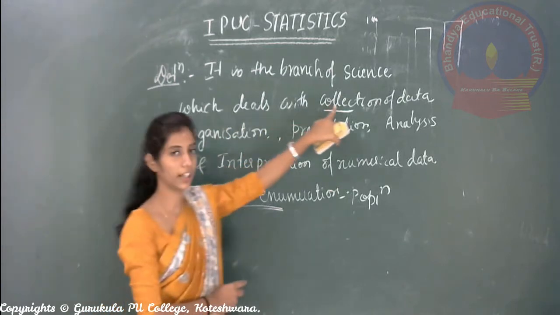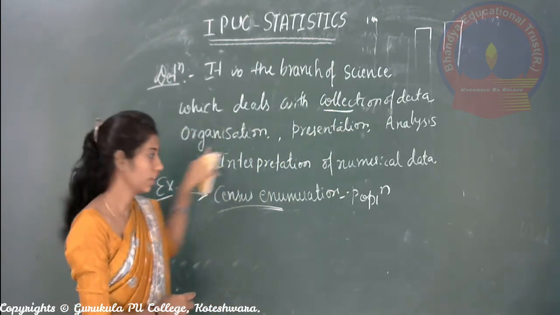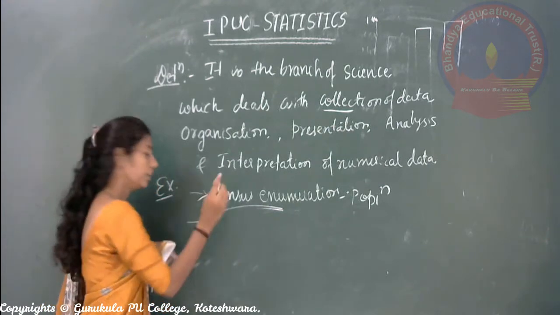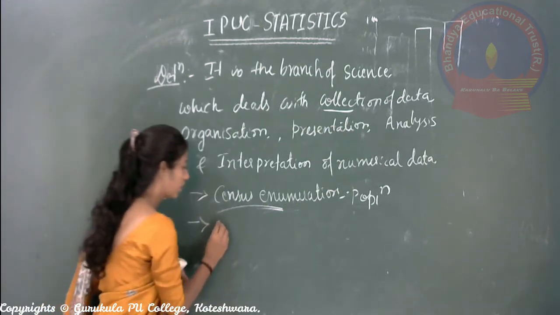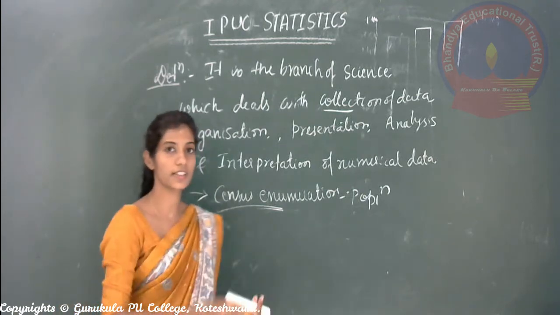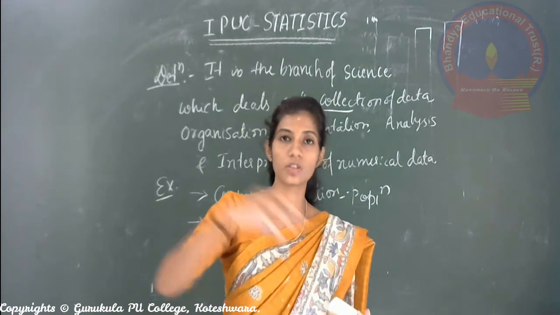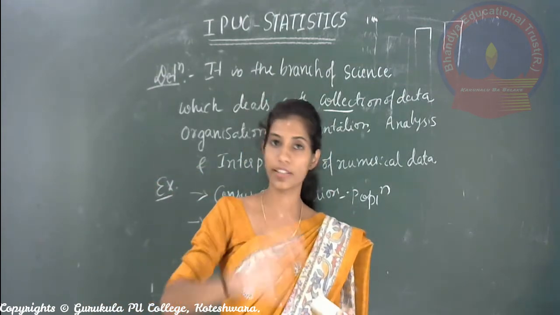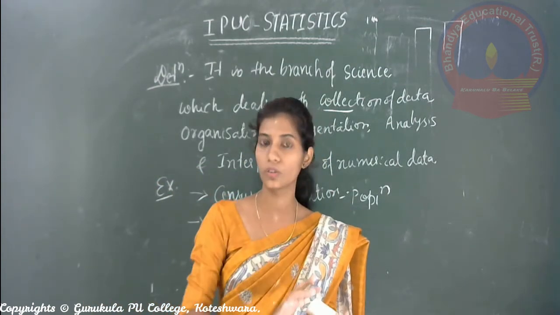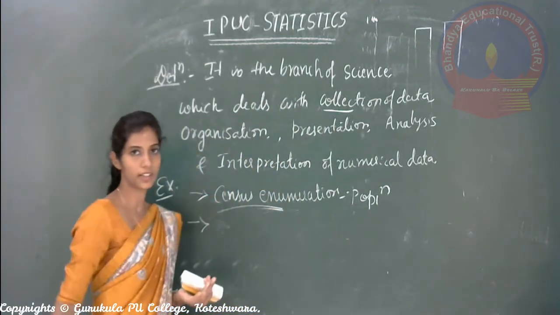Once you have done the collection, you have to go for the organization. That may be you have to arrange the data or arrange the numbers in an order. Order in the sense you can arrange the numbers from lowest to highest or descending order. Highest to lowest kuda arrange ಮಾಡಬಹುದು. See, this is the organization.